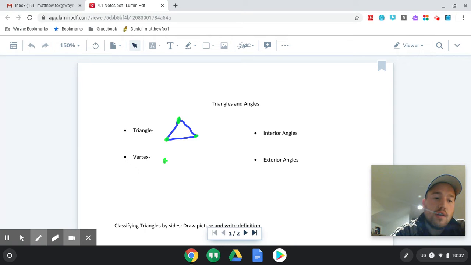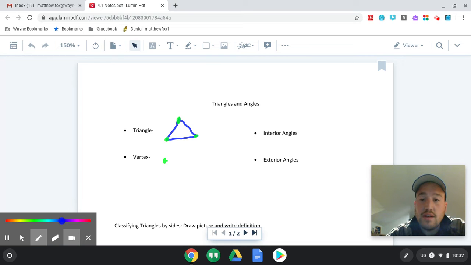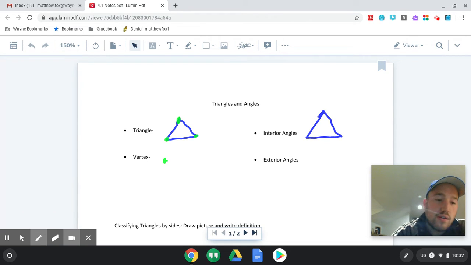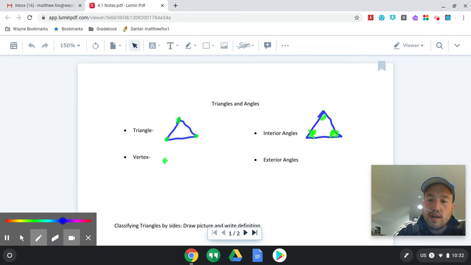Now, an interior angle. Hopefully, this sounds like inside to you. An interior angle is right there, right there, right there. It's on the inside of that triangle, between the two sides. Then you also have your exterior angle, and this occurs on the outside of the triangle.